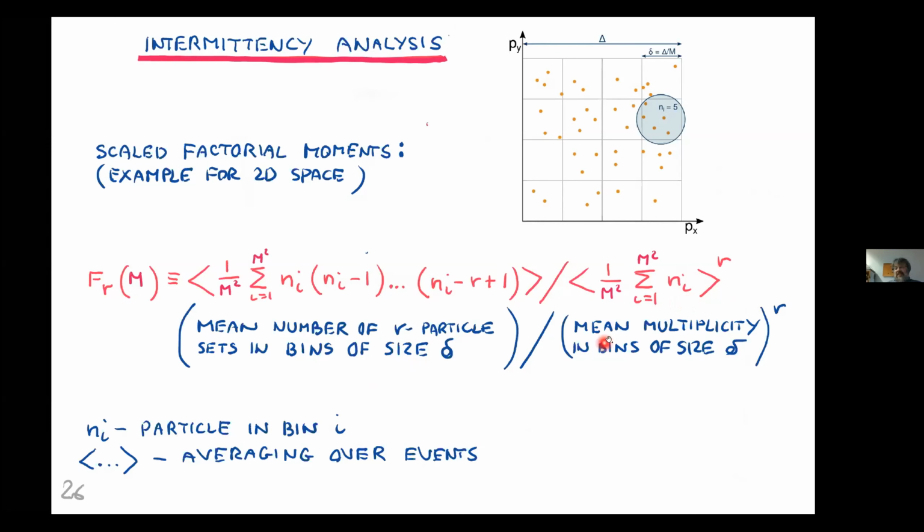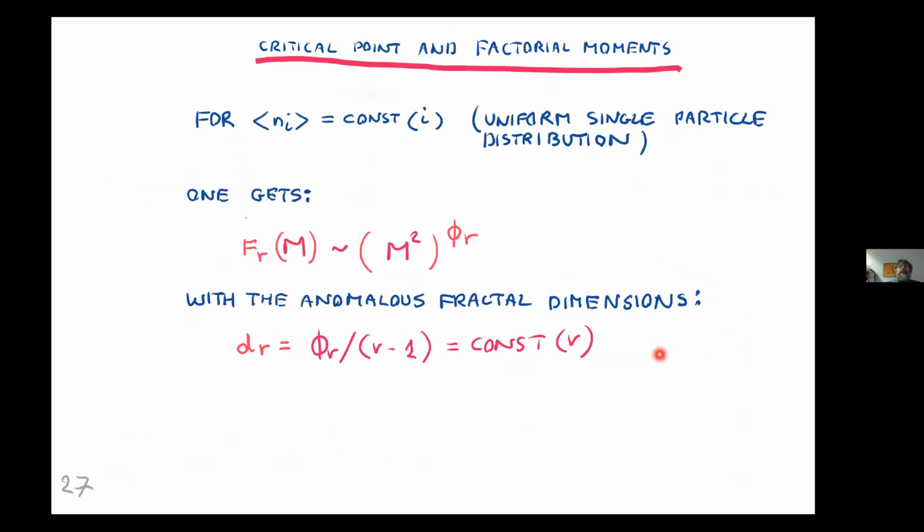I divide by the mean multiplicity in bins of size delta. So I calculate the mean multiplicity, averaging over bins and over events, and divide by this mean multiplicity to the power given by the order of the factorial moment. So that's easy.